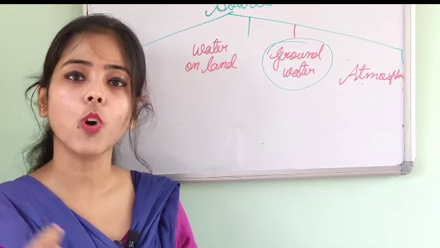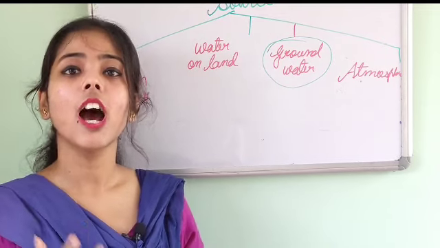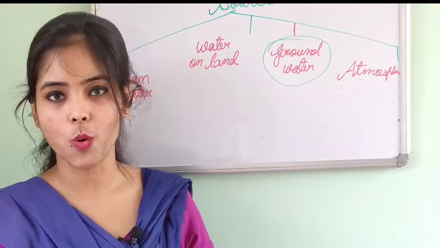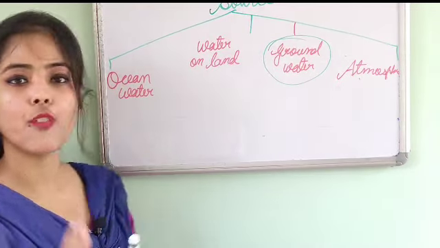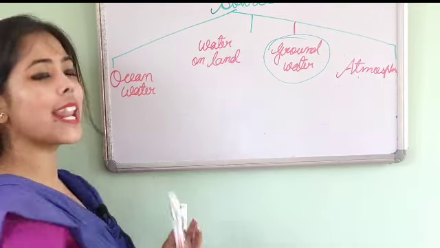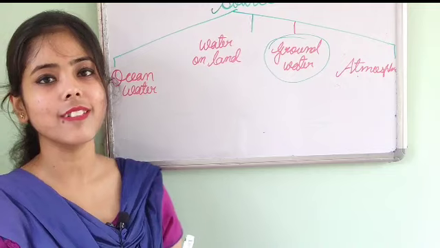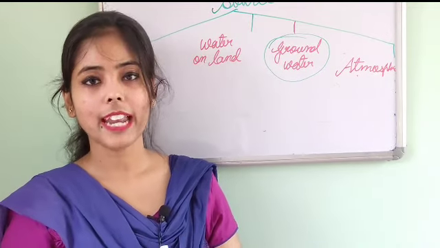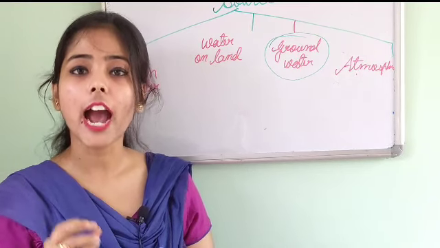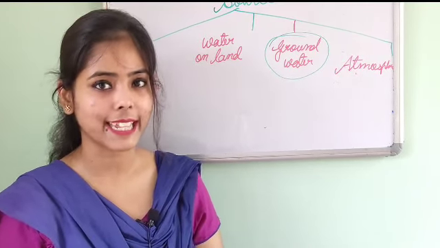And the last one is the atmosphere. The water that is also present in the atmosphere in the form of vapor, which increases the humidity, is generally known as atmospheric water. So these are the basic four sources of water: ocean water, water on land, groundwater and atmospheric water.